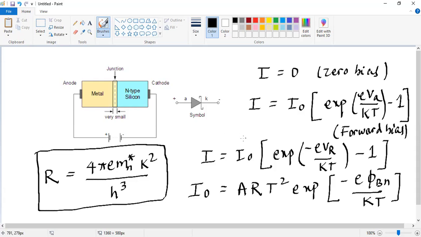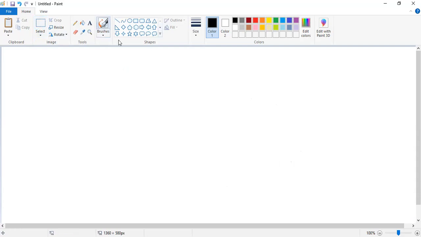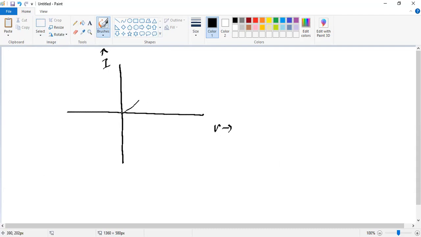Now if you plot the IV characteristic for this Schottky diode, then we can simply show the characteristics. If I have this voltage axis and current axis, then for the forward bias we will get a graph like this.